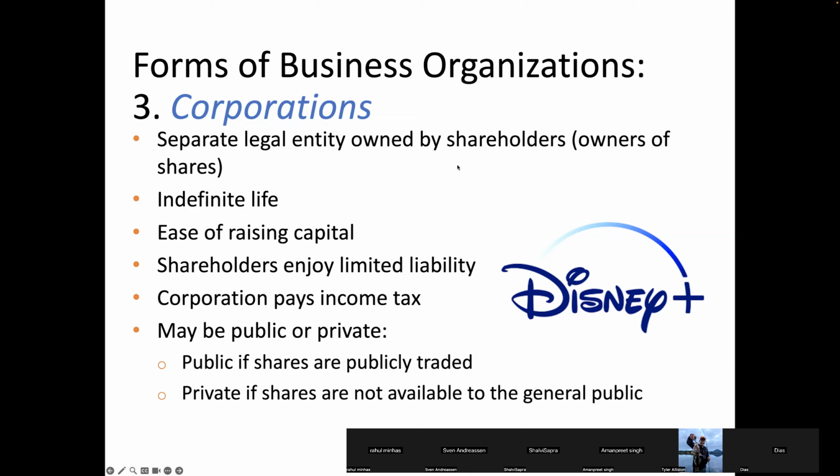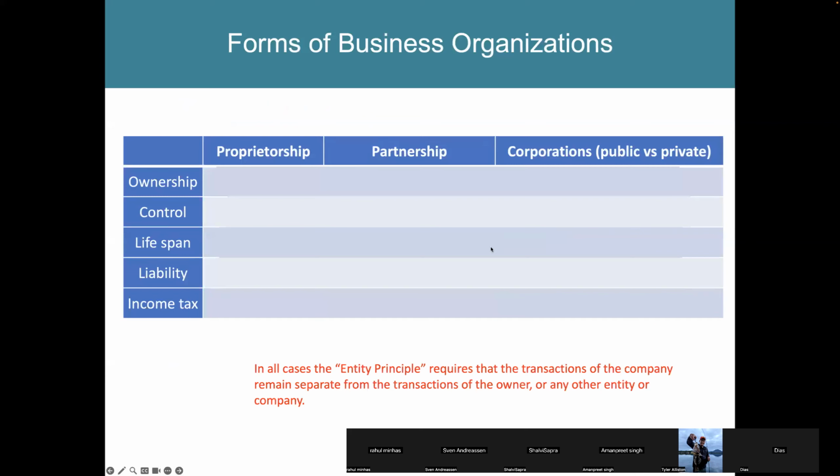So basically, you have to hold a significant portion of the shares to have a seat on the board of directors. The board of directors actually represents the shareholders, to monitor the CEO's performance. A corporation, for example, would be Disney. So Disney is a corporation.